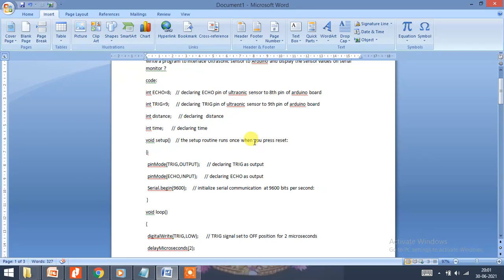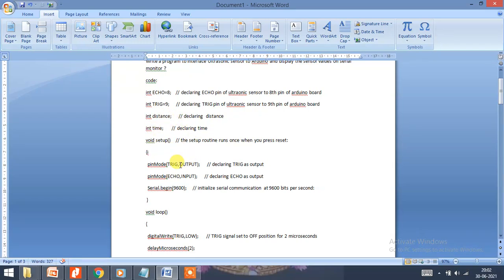Either the animal is a small rat, it finds how much distance it is, so that it can go fast and catch it. Similar to that, this ultrasonic sensor acts like that. So I have taken int distance as a variable, and int time.